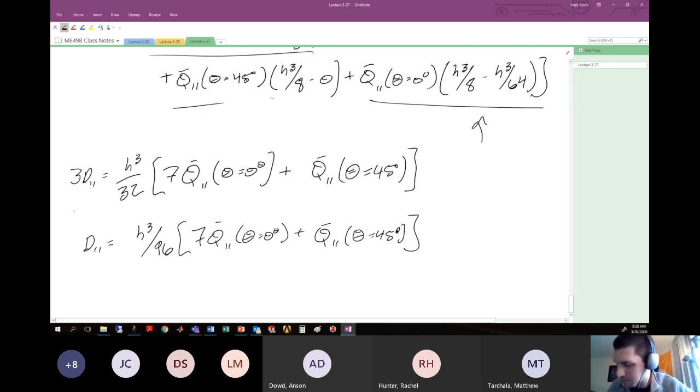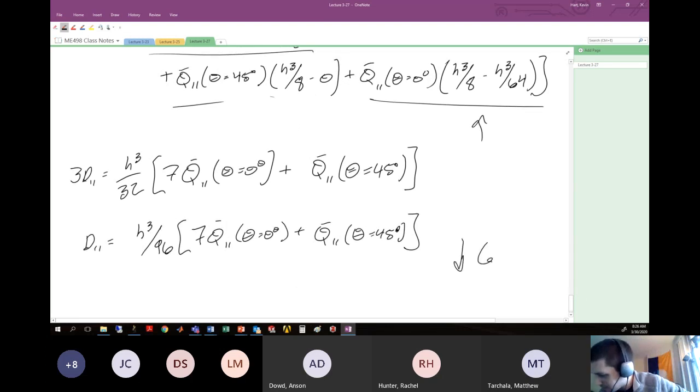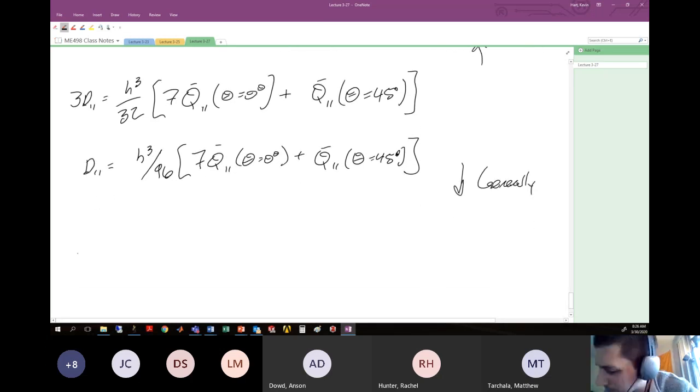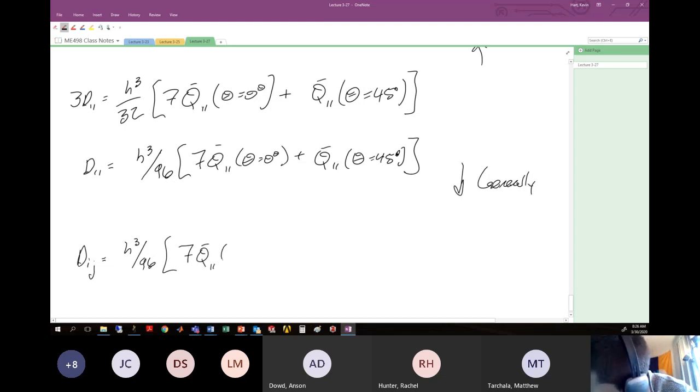So here's D11, and generally we can show that this is true for all Dij. For this particular composite, Dij is H cubed on 96 multiplied by 7 times the contributions from the 0 layer plus 1 times the contribution. Sorry, this should not be 11. This should be ij.